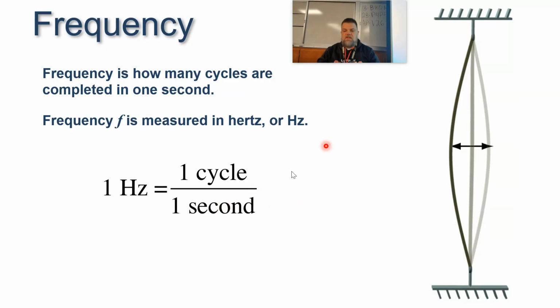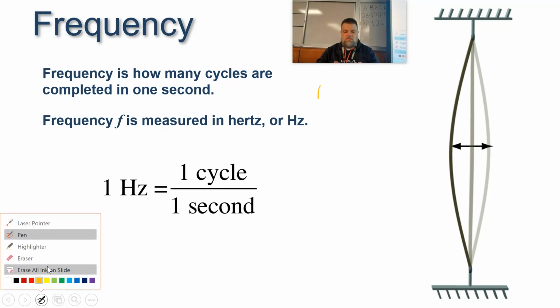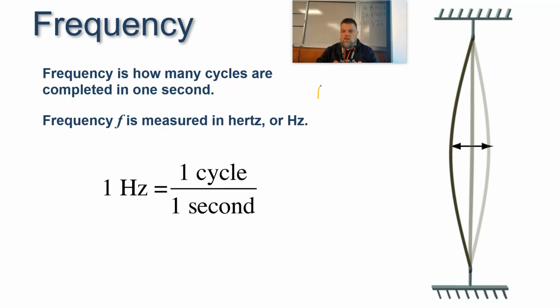So earlier, I wrote down the example where I said that the time it took for that oscillation of the pendulum was 7 seconds. So we had the period for the pendulum was 7 seconds.